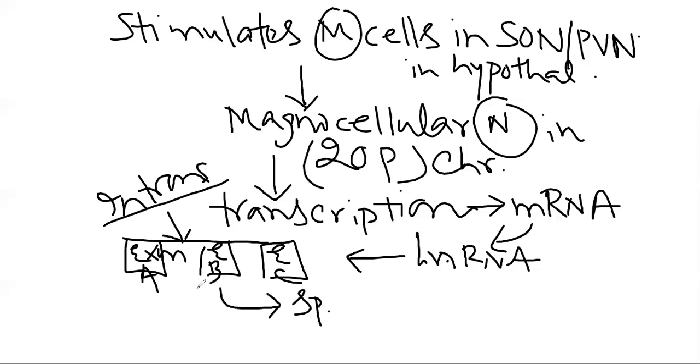process, the introns will separate and they will produce mature RNA.